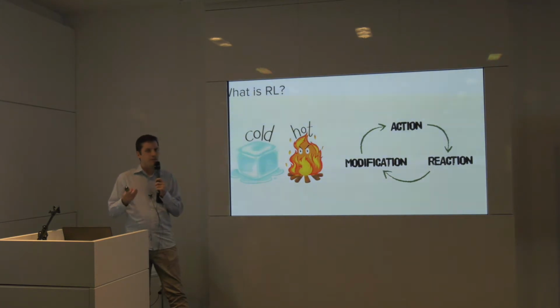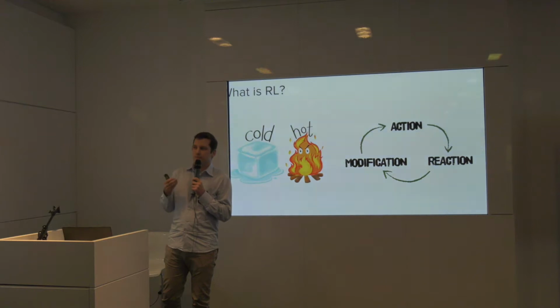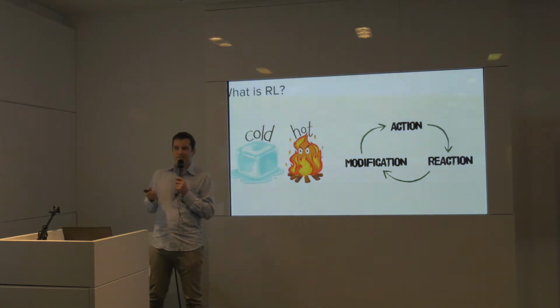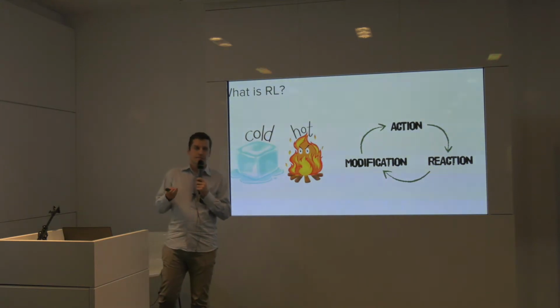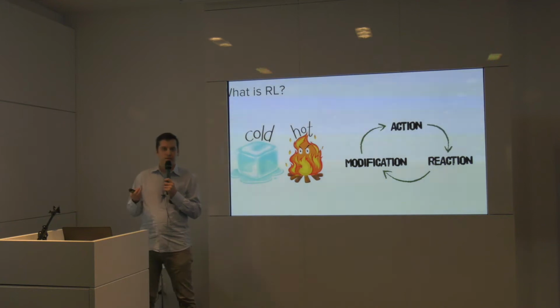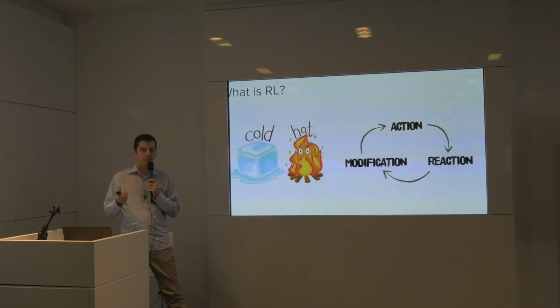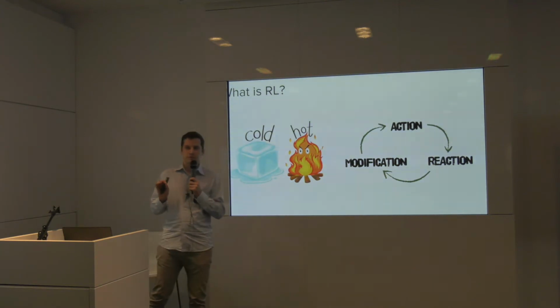So how I like thinking about reinforcement learning: there must be some learning. It's reinforcement learning, right? So how do we learn when we interact with an environment? It's a basic question. And the whole of machine learning is about learning. So how is reinforcement learning special? I like the comparison to the children's game Hot and Cold.